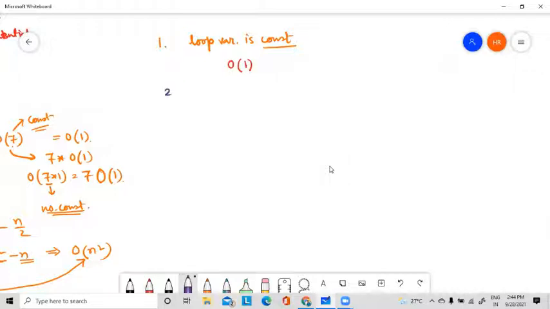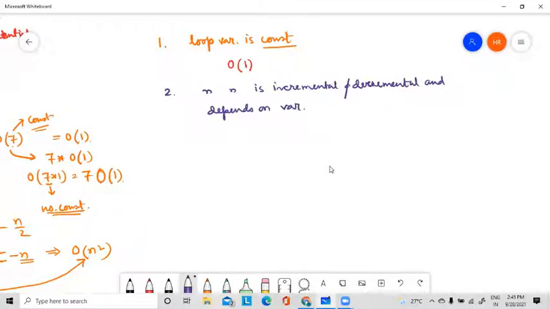Next, if my loop variable is incremental or decremental, means increasing or decreasing, and depends on variable n, and there is only a single loop, then the time complexity will be order of n.